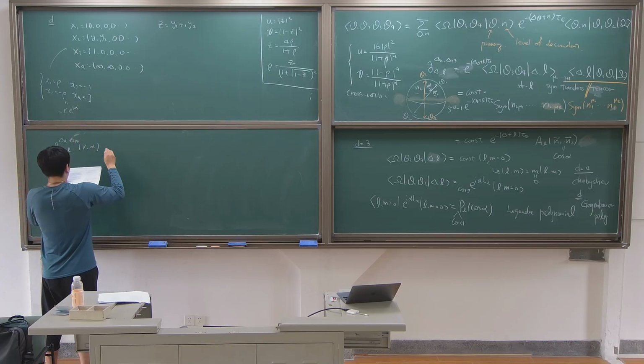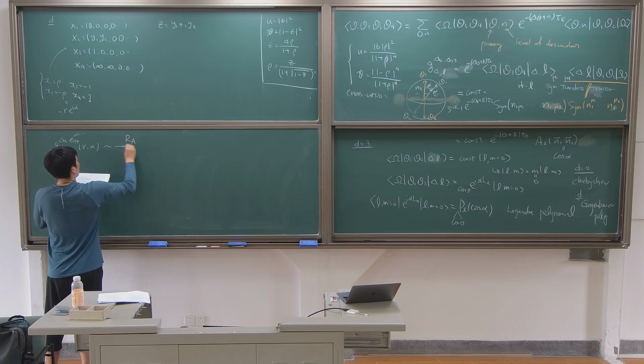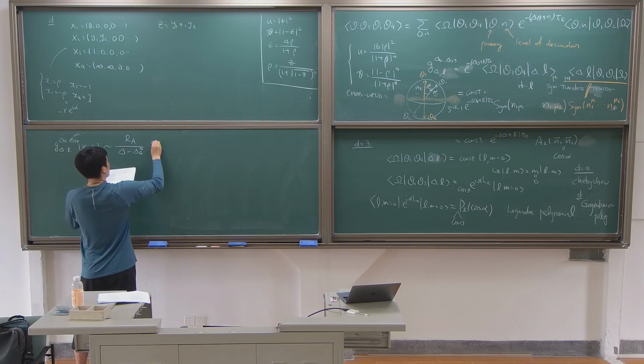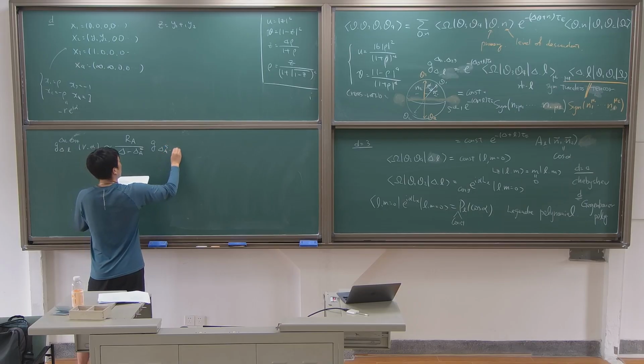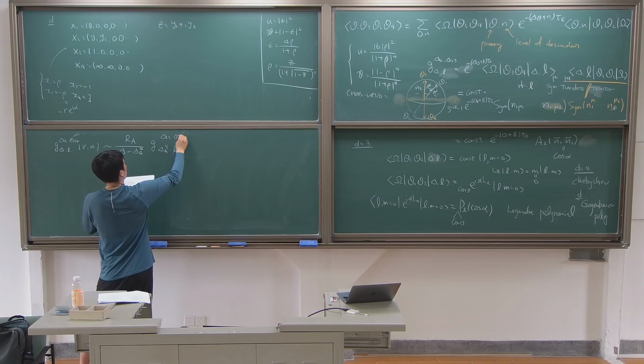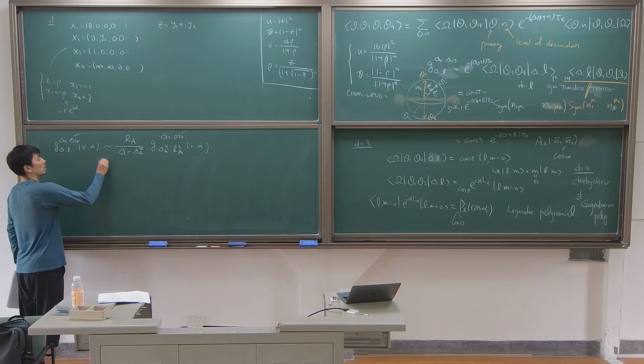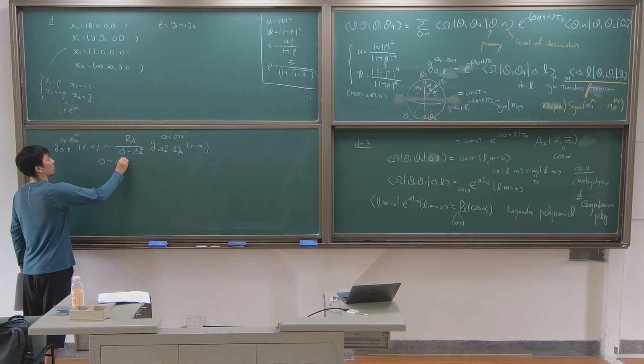Then what you get is that there's a pole at delta equal to delta A star, and G behaves like this when delta is close to delta A star.